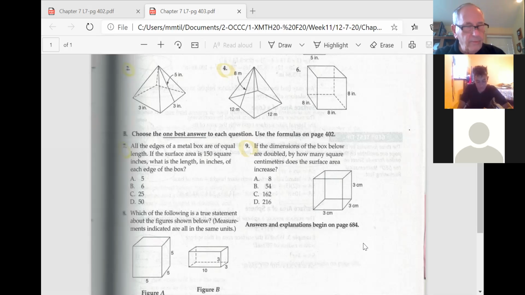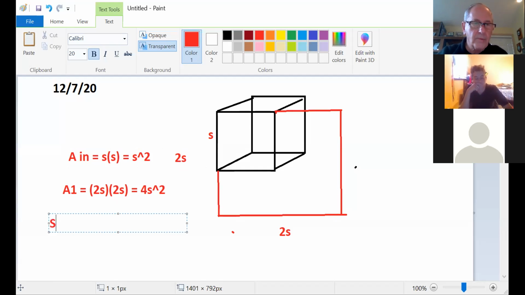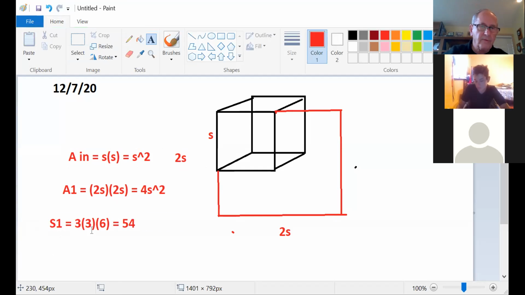So on the new version, I'll go back here and share this right here. In this particular case, the surface area of the first one is 3 times 3, because each side is 3 times 3, and there's 6 sides. So that's equal to 54. 9 times 6 is 54.